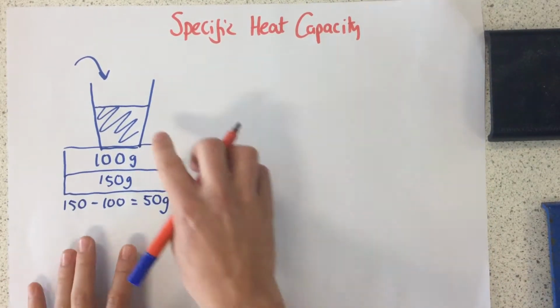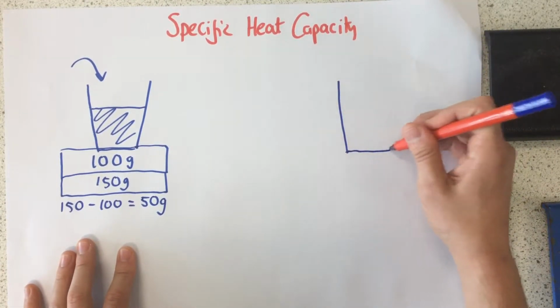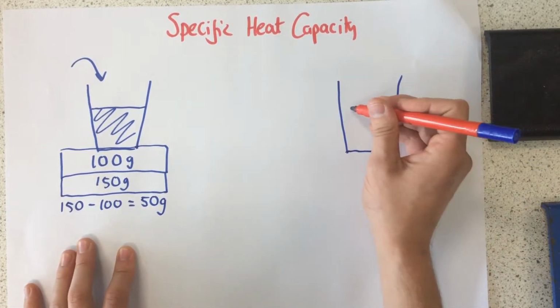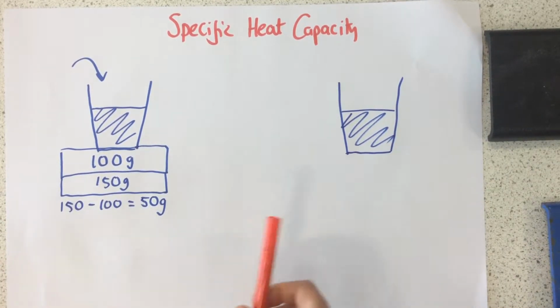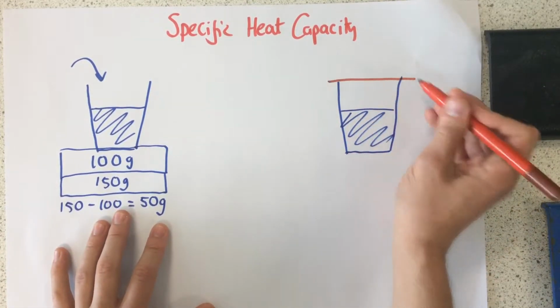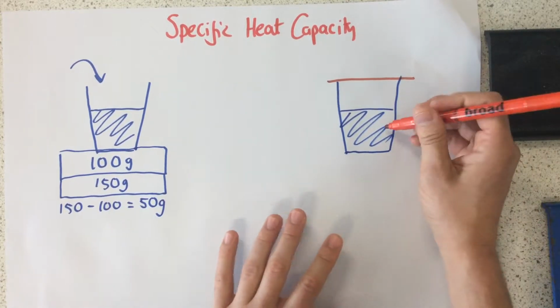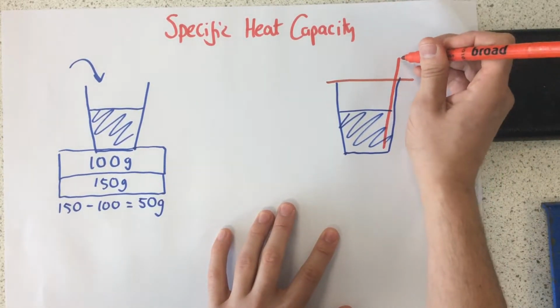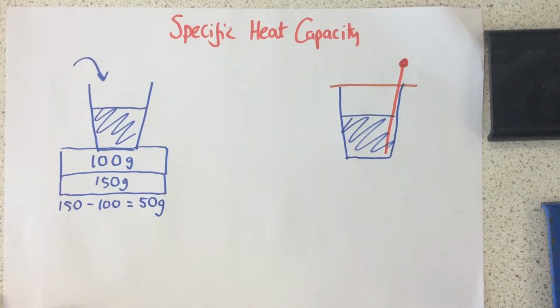What I'm then going to do is I take my container, because I'm going to do this experiment to find the specific heat capacity of this particular substance. I'm going to put a lid over the top of it to prevent heat loss by convection. I'm also going to have a thermometer in there, because this thermometer is going to read my temperature change.